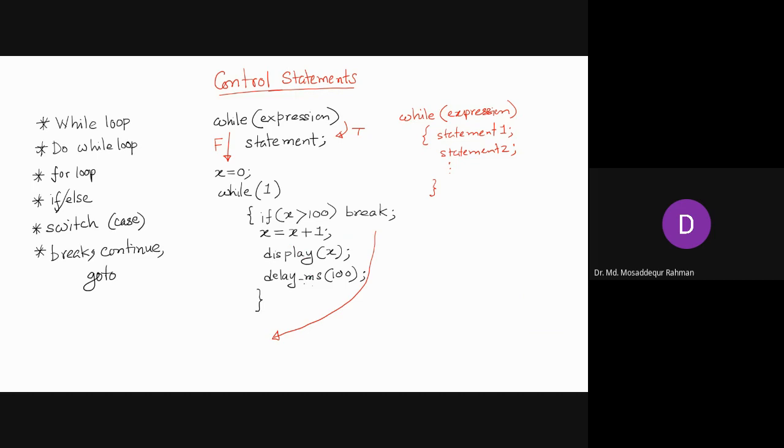It will go out of this, and whatever statement is next, it will execute that statement. So it will basically display numbers 1 to 100, and then x will exceed 100 and it says break. So it will stop executing this while loop and go out of this control loop. Okay.